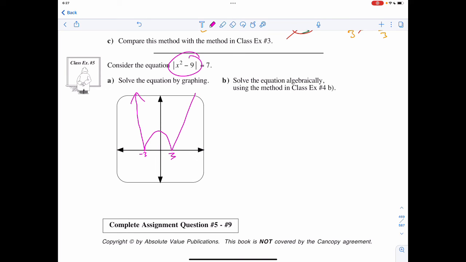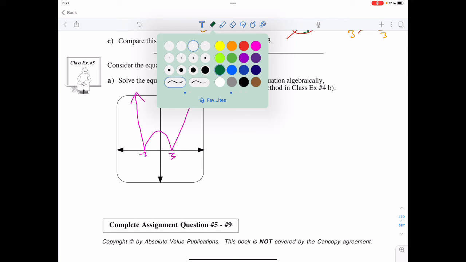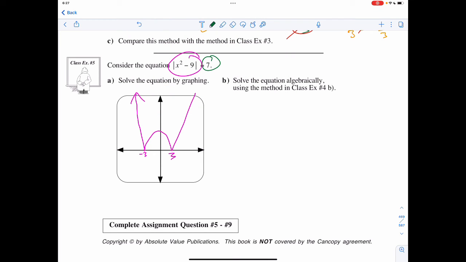I'm going to have the right side, where y is equal to 7. And I'm going to find 4 points where they cross. The two inside points are going to be rounded to positive or negative 1.41. And the two outside points are going to be positive or negative 4.